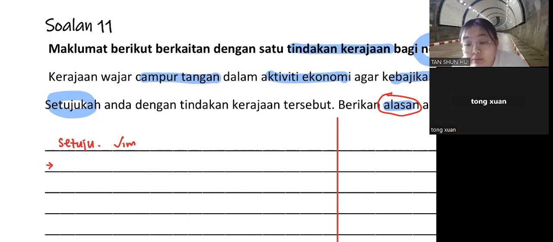So when government campur tangan to produce what? Remember, government campur tangan is always to mengeluarkan barang awam. So, when they campur tangan, we get barang awam. Right? When they campur tangan, we get barang awam.